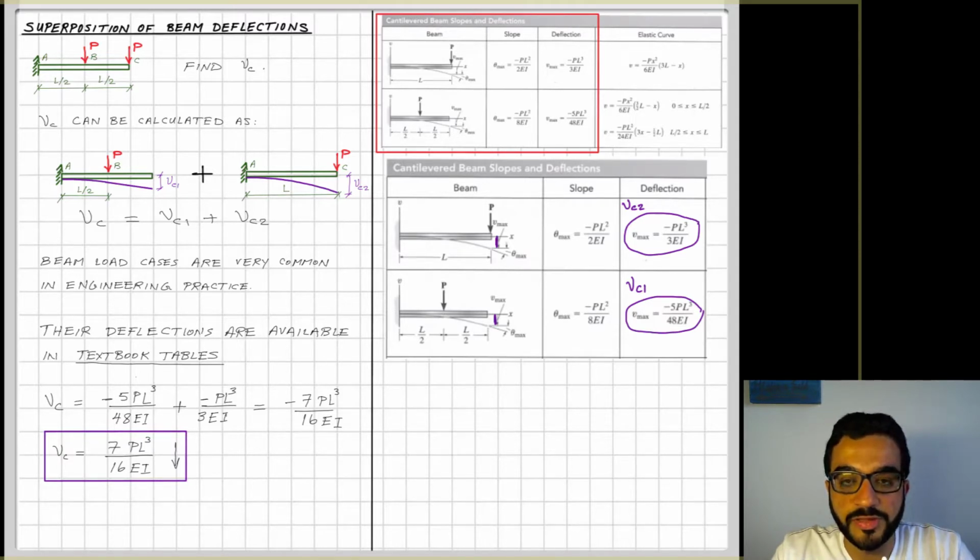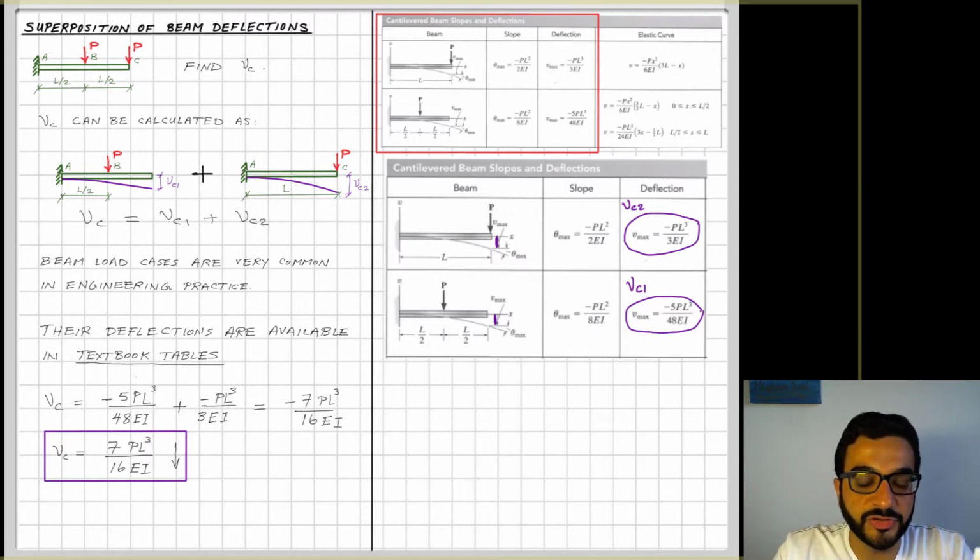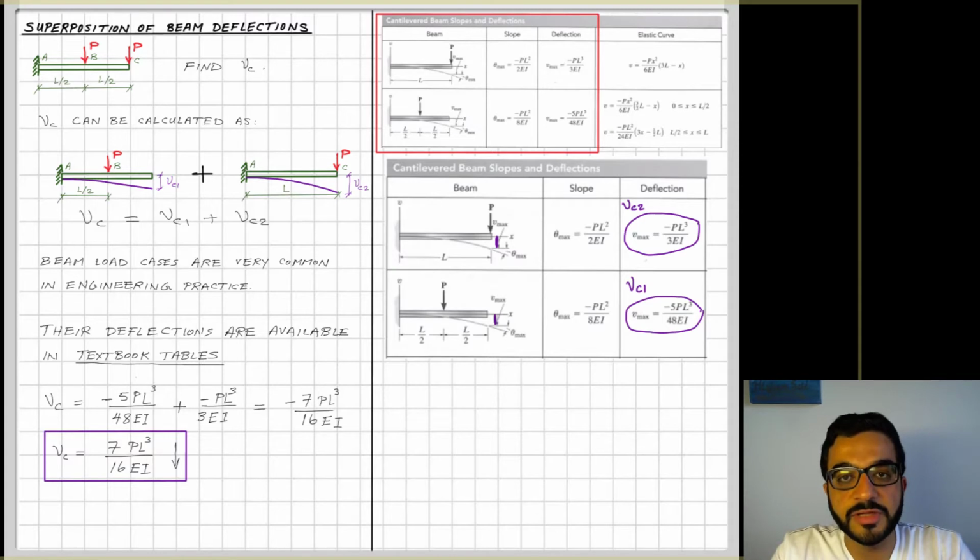So I will be within the elastic region, and I will be able to add up these load cases and their resulting stresses, deformations and reactions in a linear way. So remember always that the prerequisite to apply superposition is that these loads collectively don't result in plastic behavior for the material.